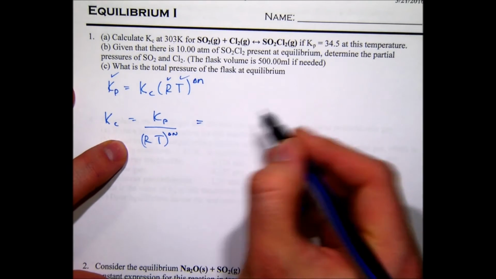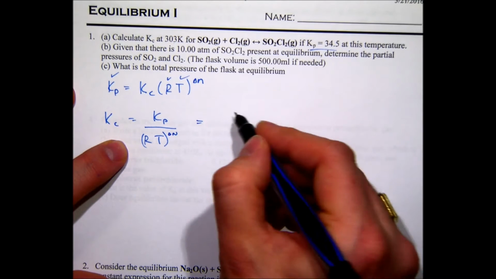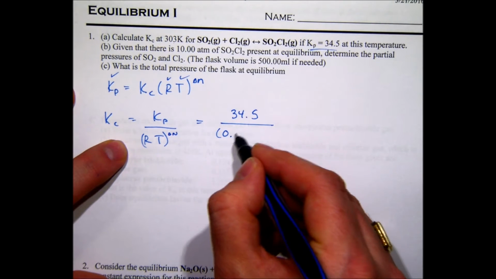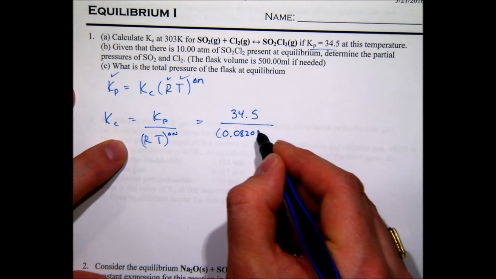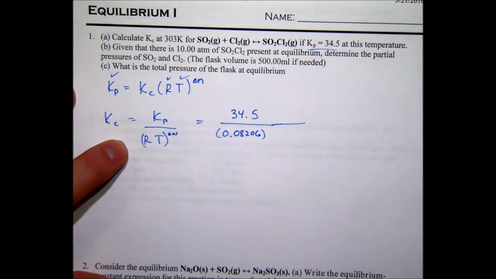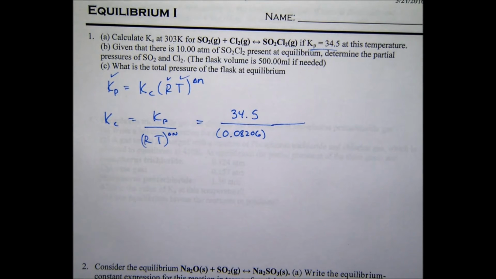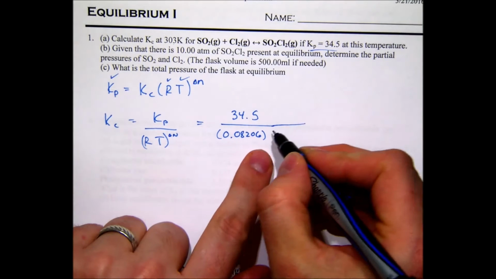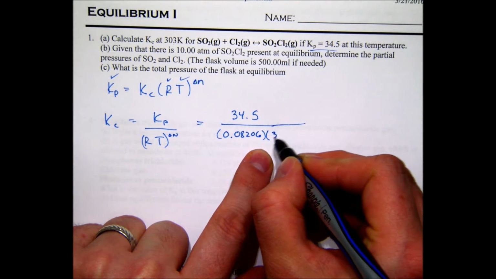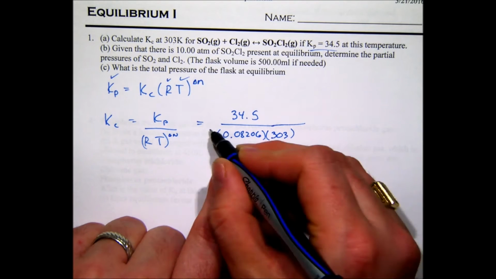So we put in our value for Kp that's given, 34.5. R is 0.08206. Again, units are meaningless with these types of calculations. As long as the temperature is in the absolute scale, you're fine. T is going to be 303 Kelvin.